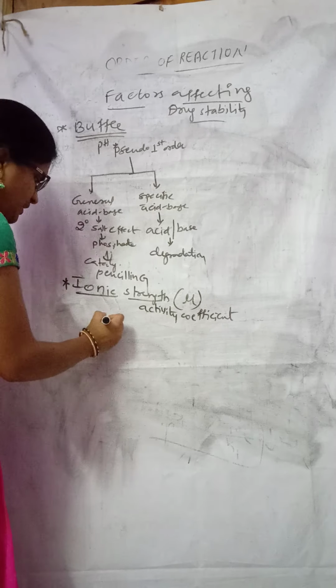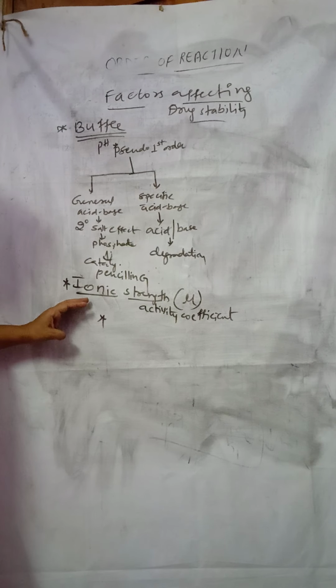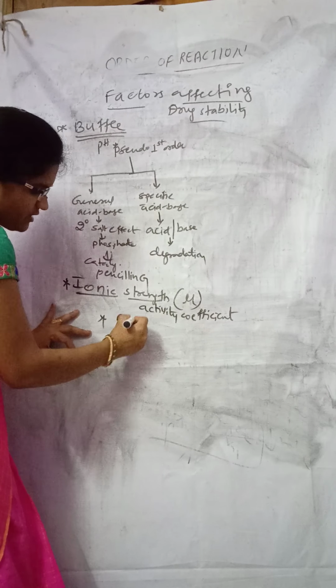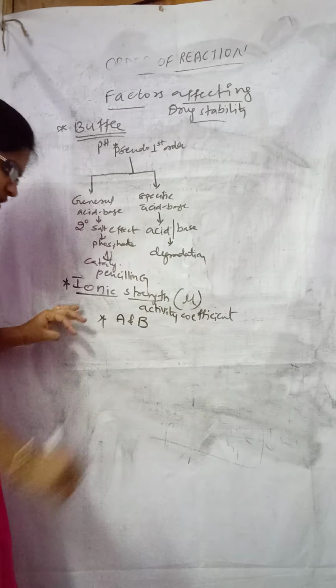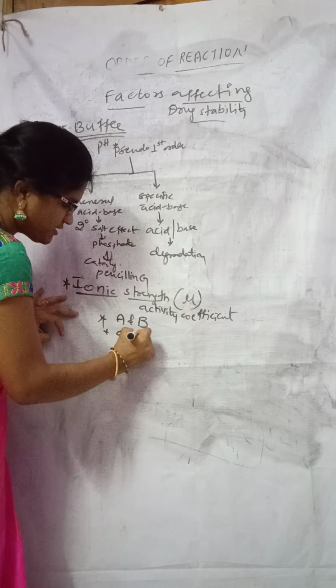So this ionic strength effect on stability will be there if the reaction contains same species of reactants or opposite species of reactants.